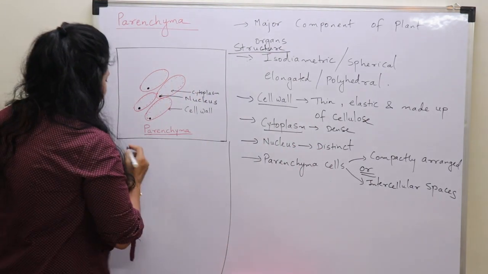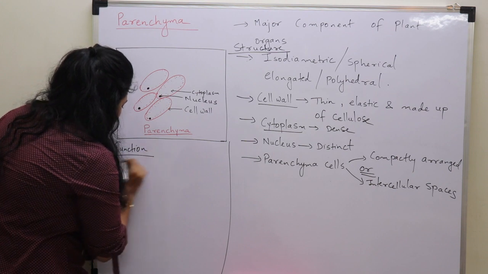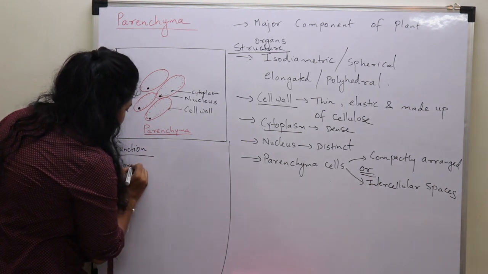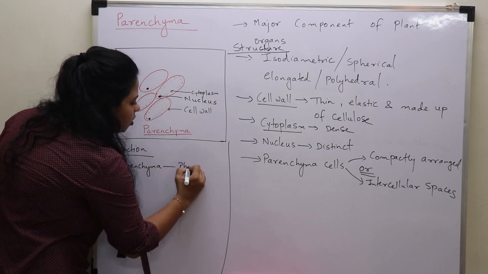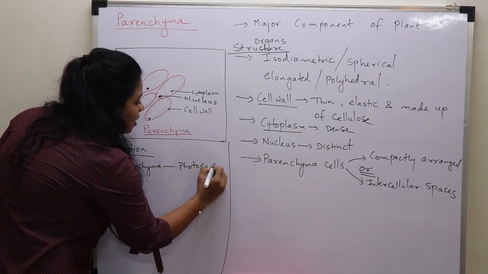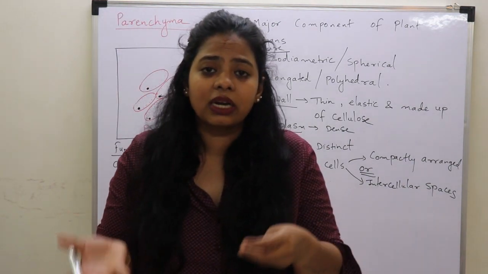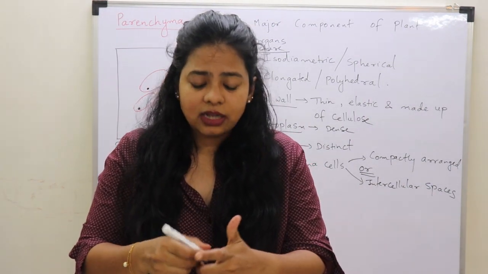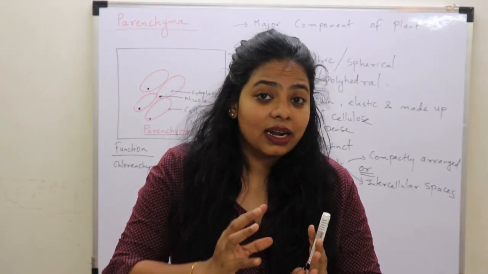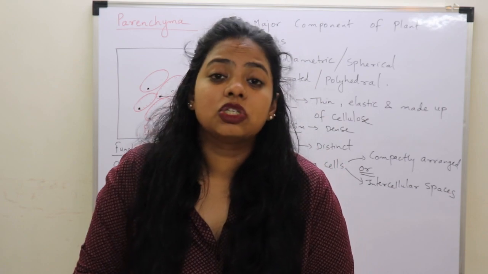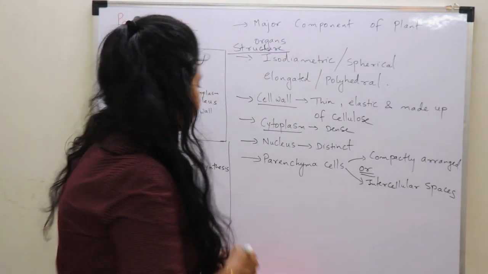So, the first function is photosynthesis. Now, some aquatic plants can float. That is because of air cavities present in the parenchyma, which is known as aerenchyma. So, it helps in floating.